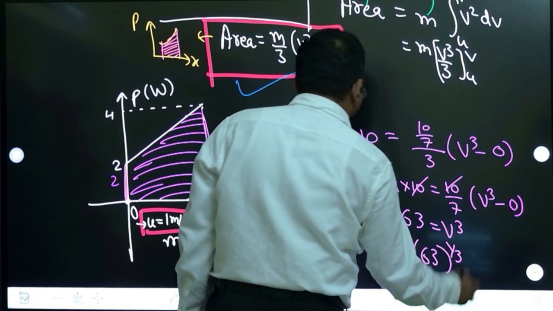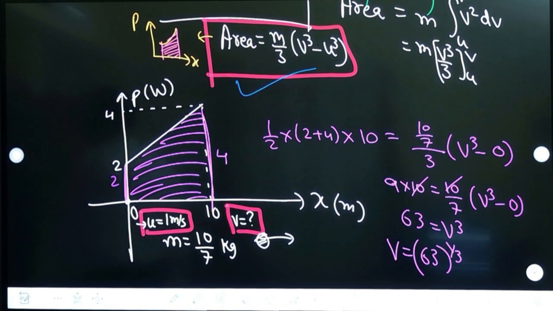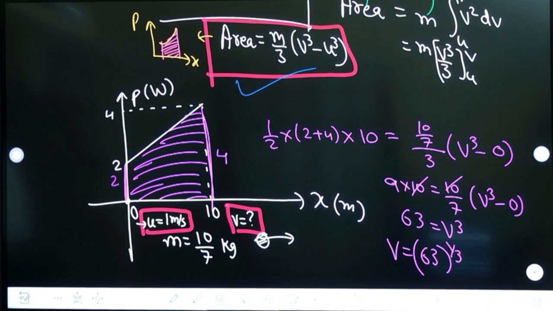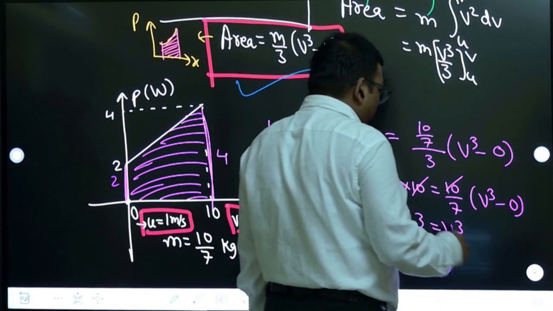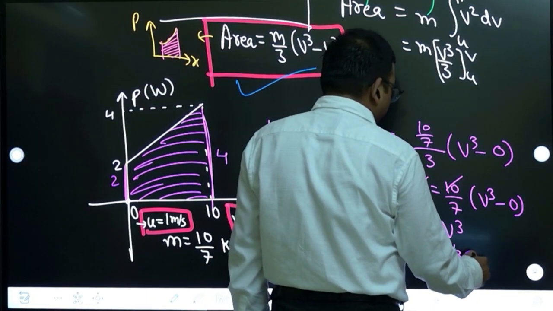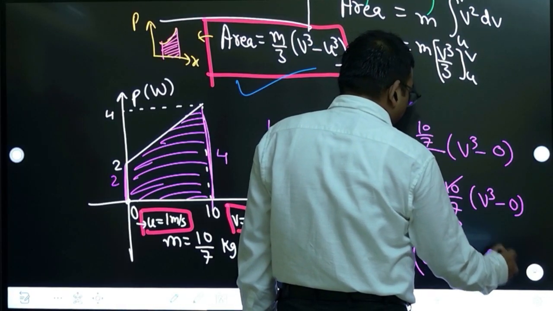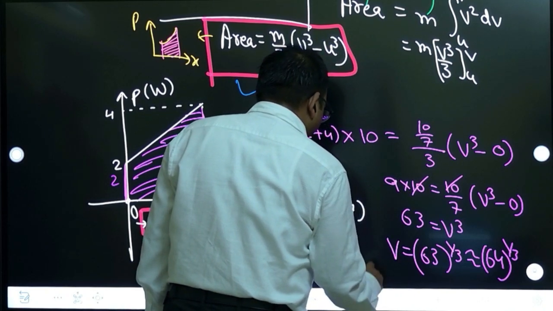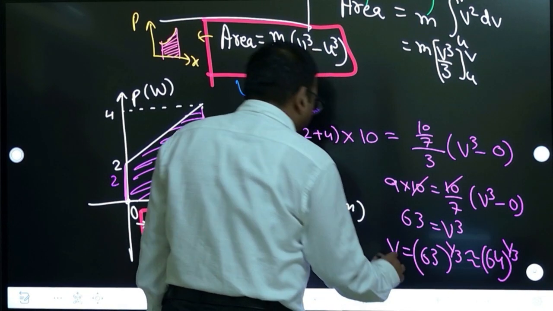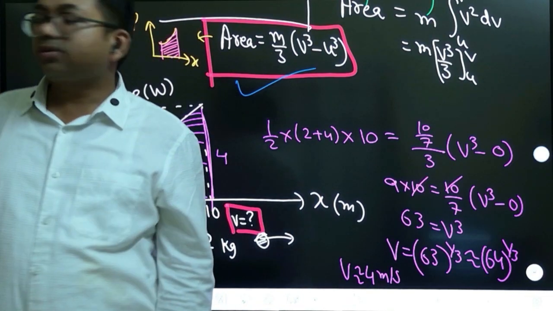Is the cube root possible? Nearly 4 it is possible, right? Yes, we can take nearly 4. If you take 64, it is 4 into 4 into 4. So approximately we can take 64, which means the velocity is approximately 4 meter per second. Clear? So you can work out questions on this.